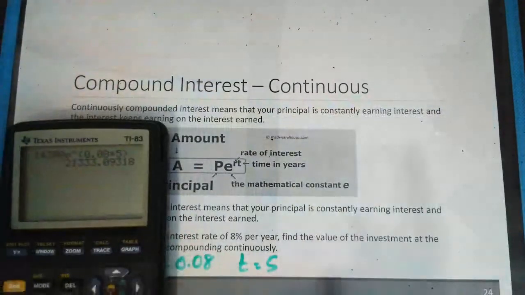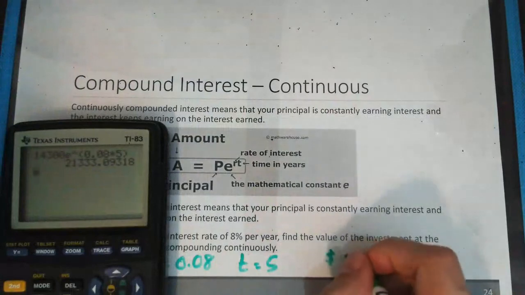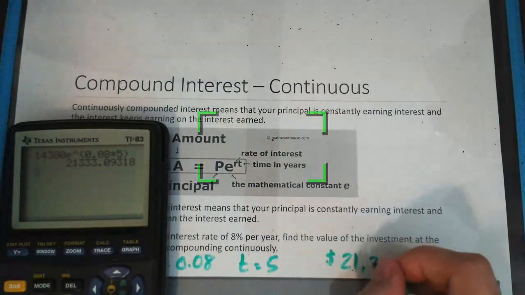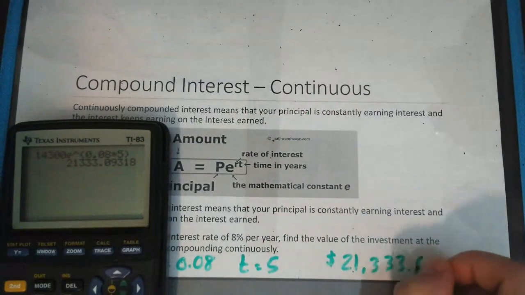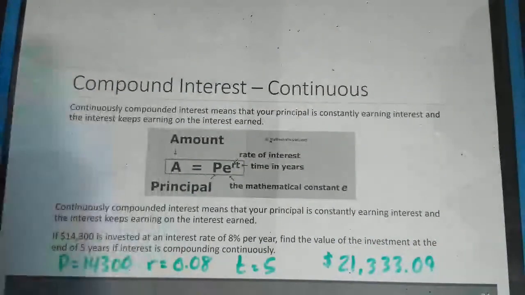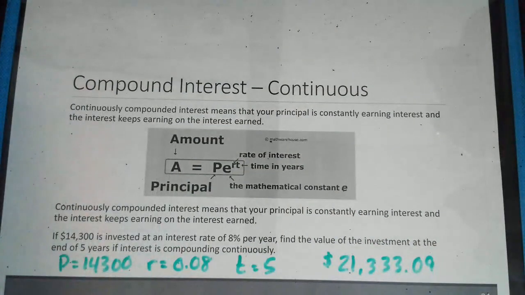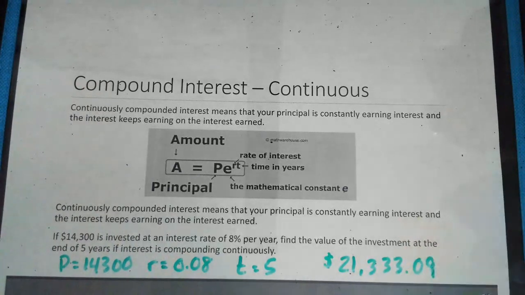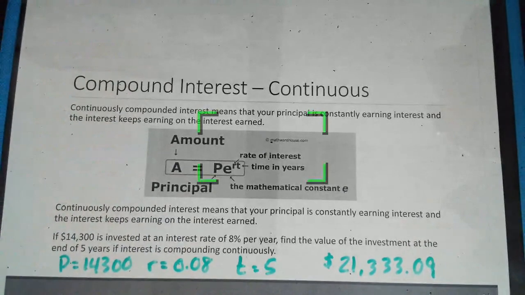If this were to compound continuously, we would be up to $21,333.09. If you look back on what we did if this was compounding daily, this is less than $1 more. So the difference between daily and continuous isn't all that much, which is kind of interesting.